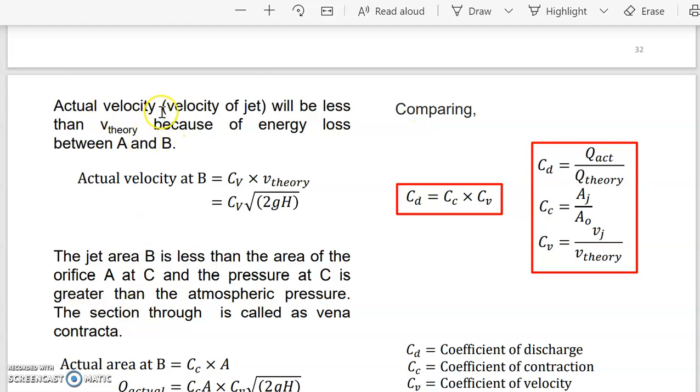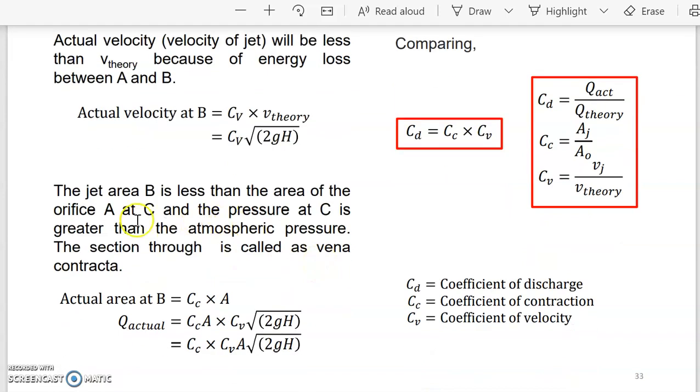The actual velocity, that is the velocity of the jet, will be less than the theoretical velocity because of energy loss between A and B. Therefore, the actual velocity at B equals the coefficient of velocity CV times the theoretical velocity, so CV times the square root of 2GH.